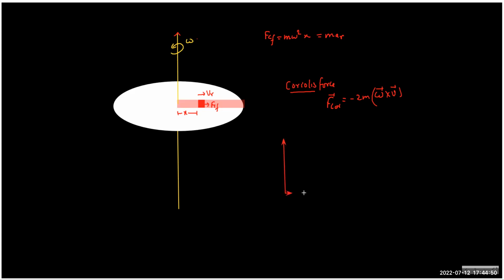But what is this Coriolis force exactly doing here? Because the actual path in the ground frame is very complex. In the ground frame, if you look at the top view, it's going like this. Let's say you're going towards the edge, but in the ground frame, are you going towards the edge or something like this?